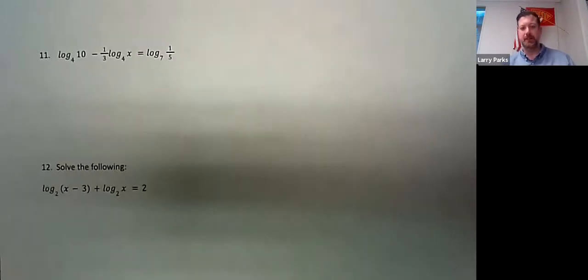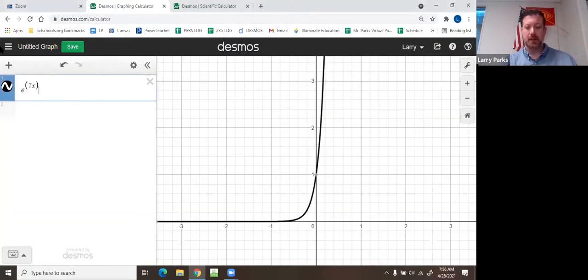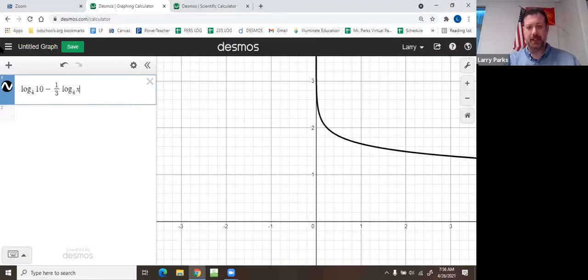Number 11, technically I could solve that also using Desmos. It was log base 4 of 10 minus a third log base 4 of x.